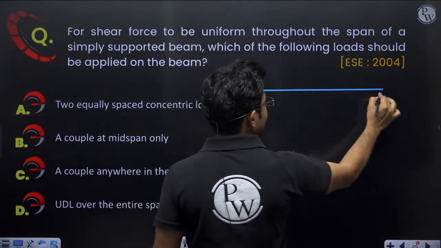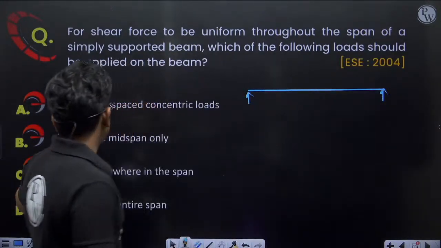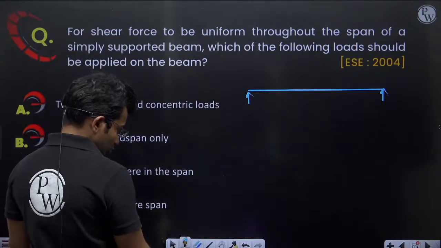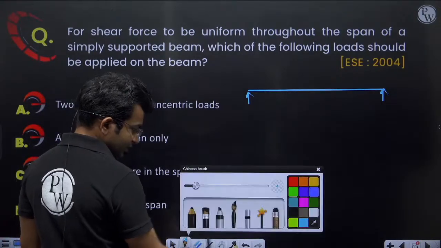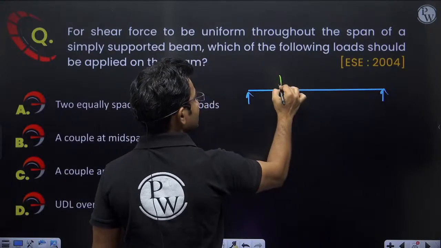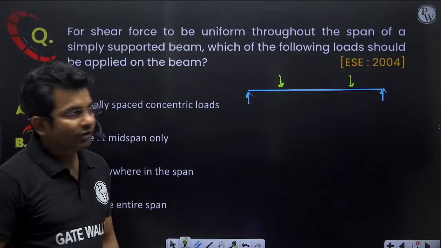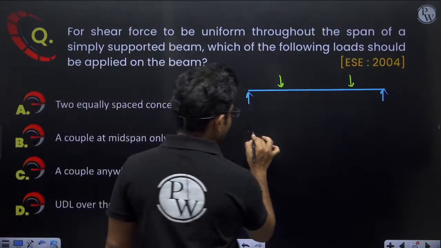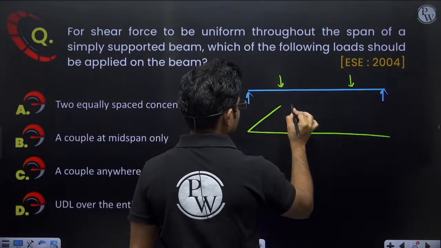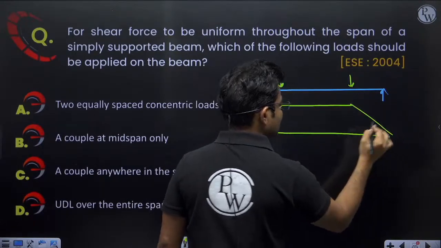Now on this beam, let us see two equally spaced concentrated loads. If I am having two equally spaced concentrated loads like this, how will the shear force diagram be? The shear force diagram will be like this.